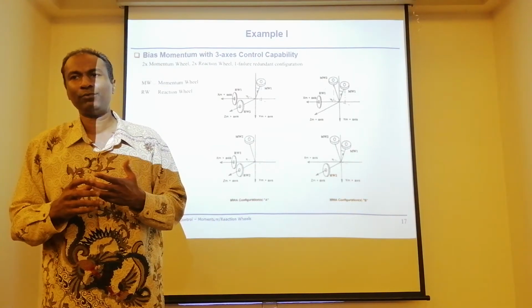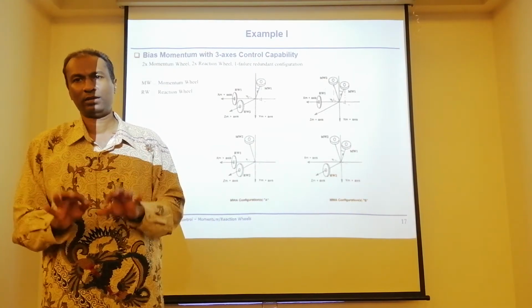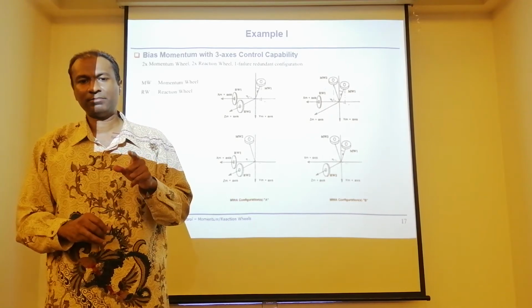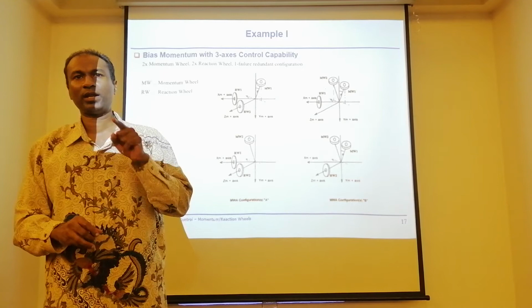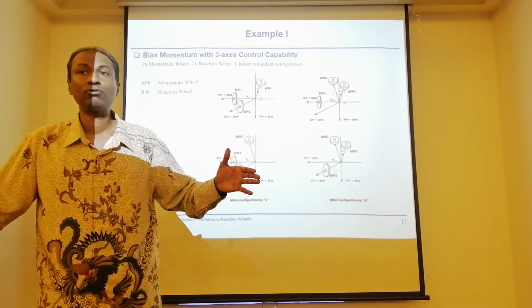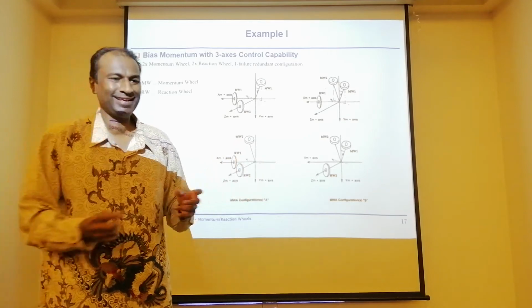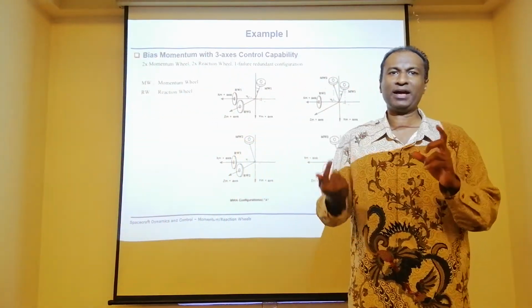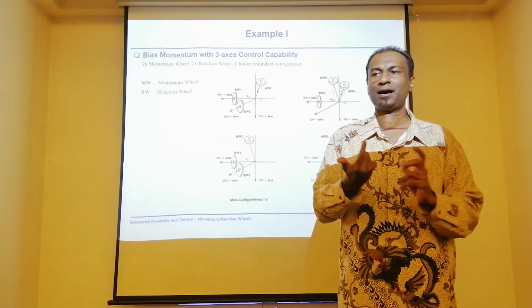So normally we have a redundant wheel. A redundant wheel is mandatory because when there is a wheel failure on a very long mission, 10 years, at least 1 wheel is there as a spare, like a spare tire in the car.